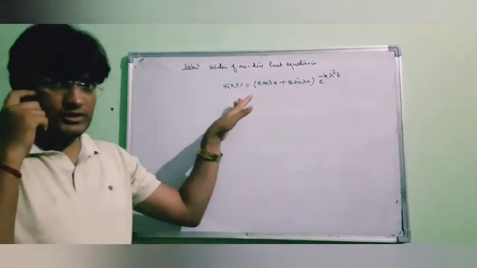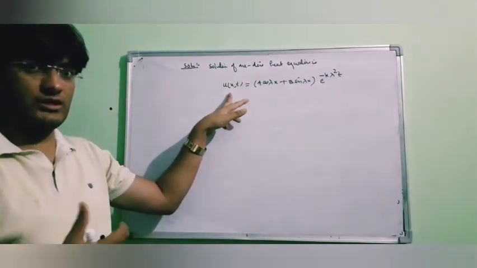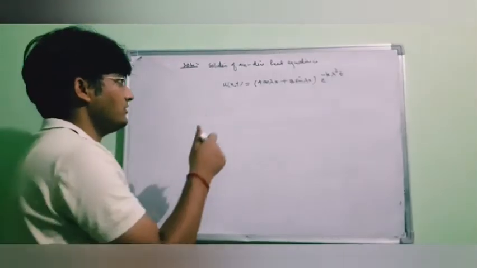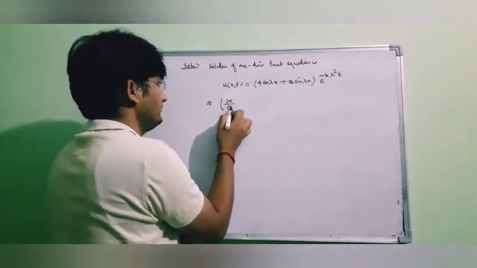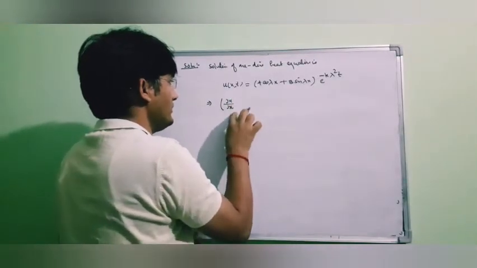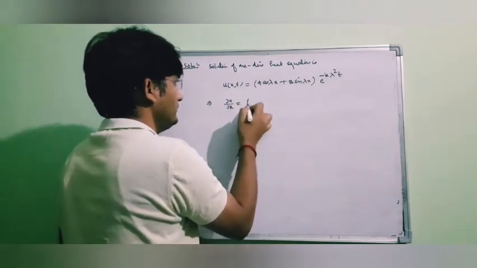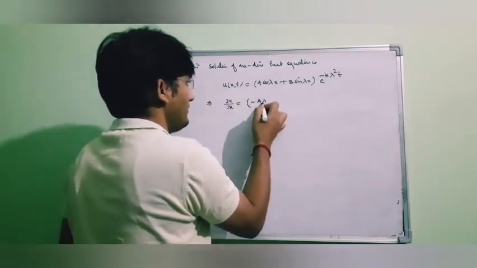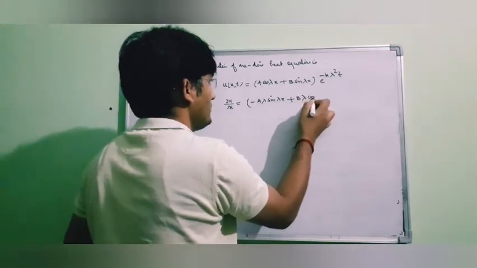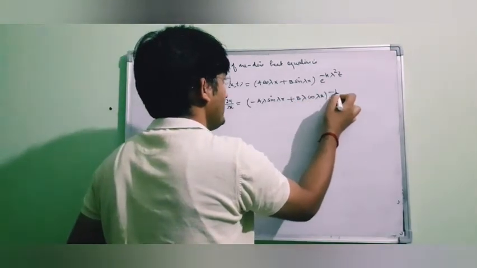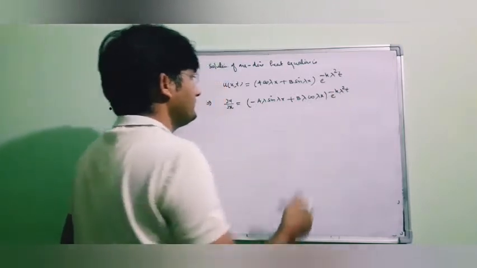Here we have to differentiate this equation with respect to x because the conditions are given for the temperature gradient. So del u upon del x is equal to (minus A lambda sin lambda x plus B lambda cos lambda x) into e power minus k lambda square t.